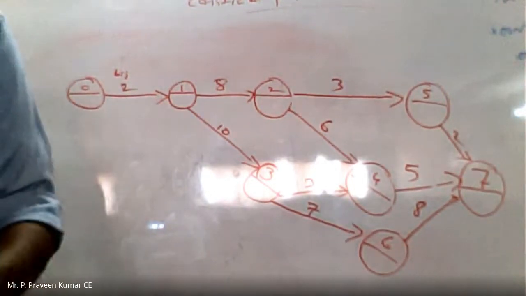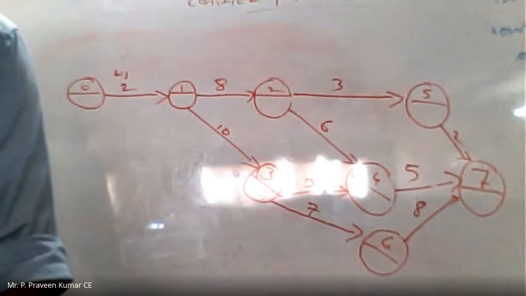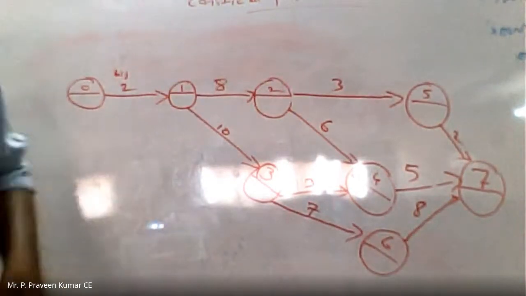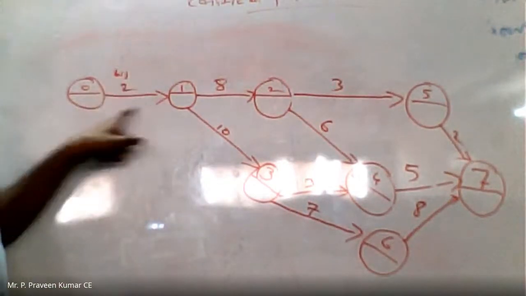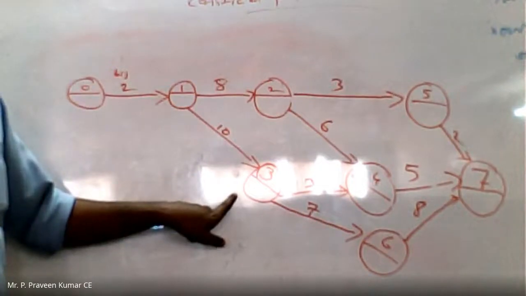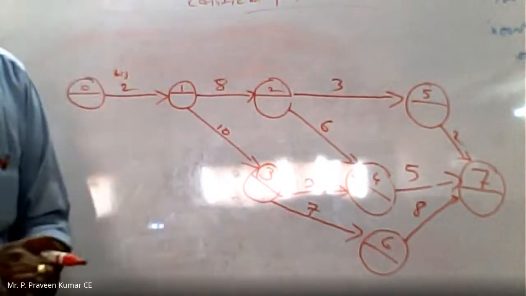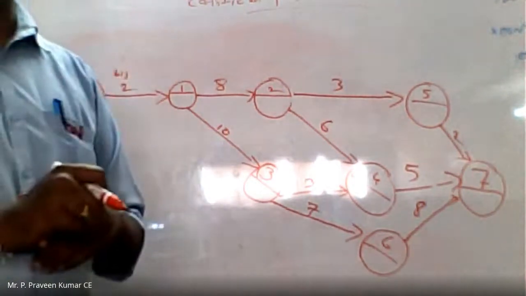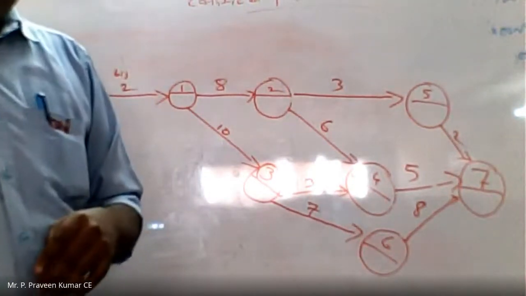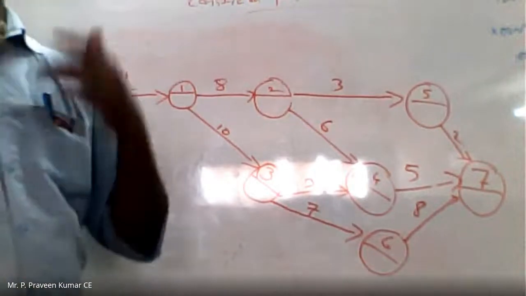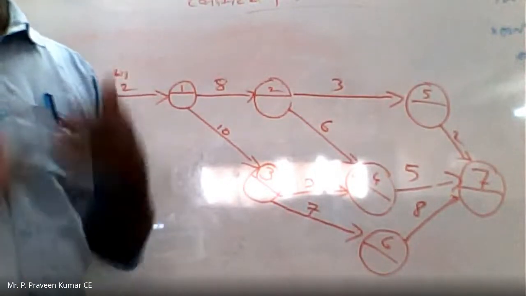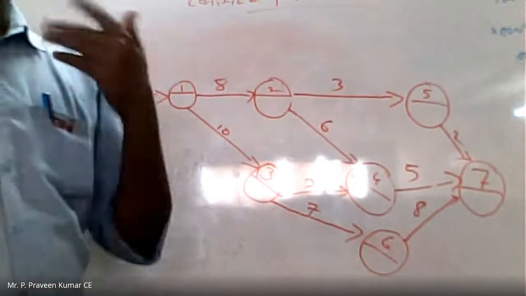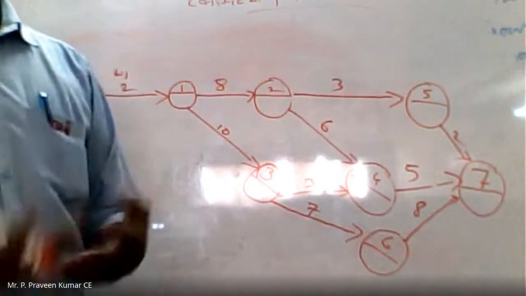Okay, now the network is done. Now we need to find the critical path method. The first step is to find the critical path method. How can we calculate it? By knowing the EST timings, the LST timings, the EFT timings, and the LFT timings.